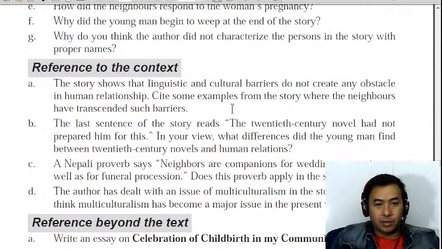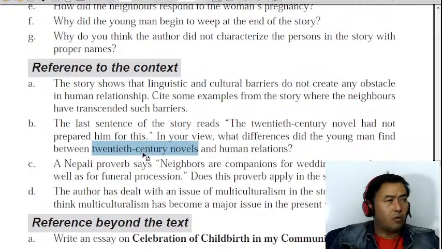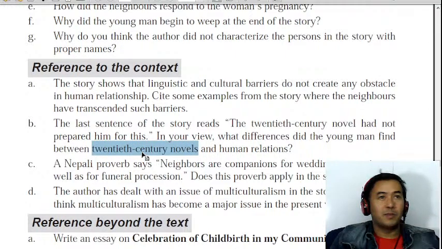so that they could build their rapport with the newly arrived Macedonian couple. Okay, number B, the last sentence of the story reads, the 20th century novel had not prepared him for this. In your view, what differences did the young man find between 20th century novels and human relations? As I said in the beginning, the 20th century novel specially focuses on scientific inventions, technological development, maybe ambulances, hospitals, doctors, engineers, and the movement of the development of science and technology.